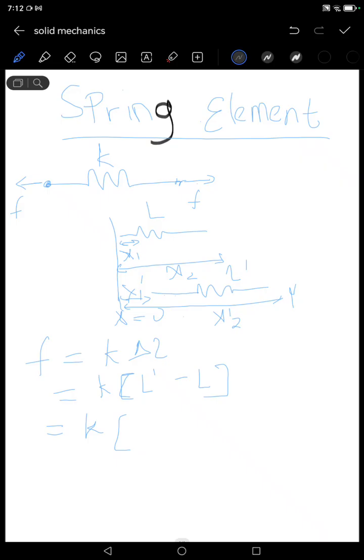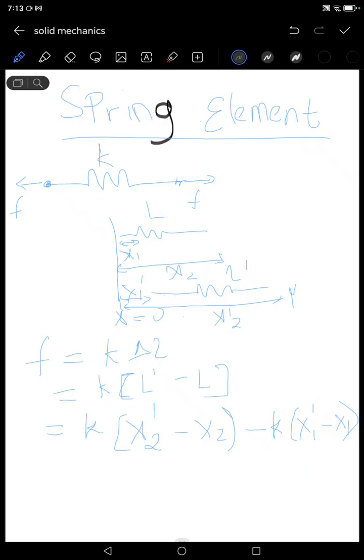So this L prime and the normal L is going to give us what? The nodal displacement. Here I just want to show you where this nodal displacement comes from: from a normal spring, and then when we expand it a certain distance. So we're going to have K into x2 prime minus x2, and then also the negative, negative K into x1 prime minus x1.